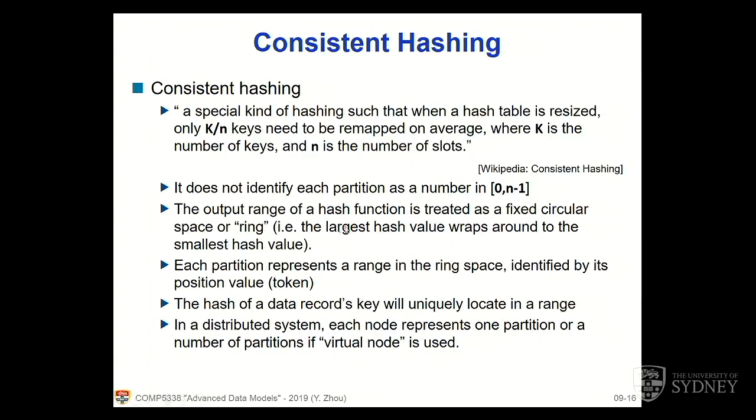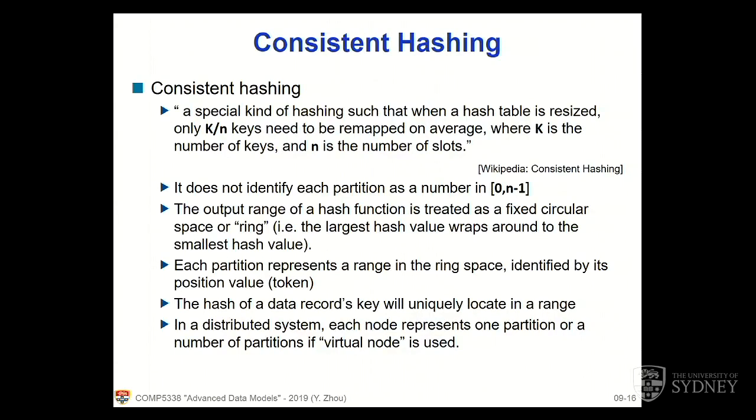Here we rely on the hash function being stable, and it has an output range. We treat the output range as a fixed circular space or ring, from 0 to some maximum number. The largest hash value wraps back to the smallest one, like 0.